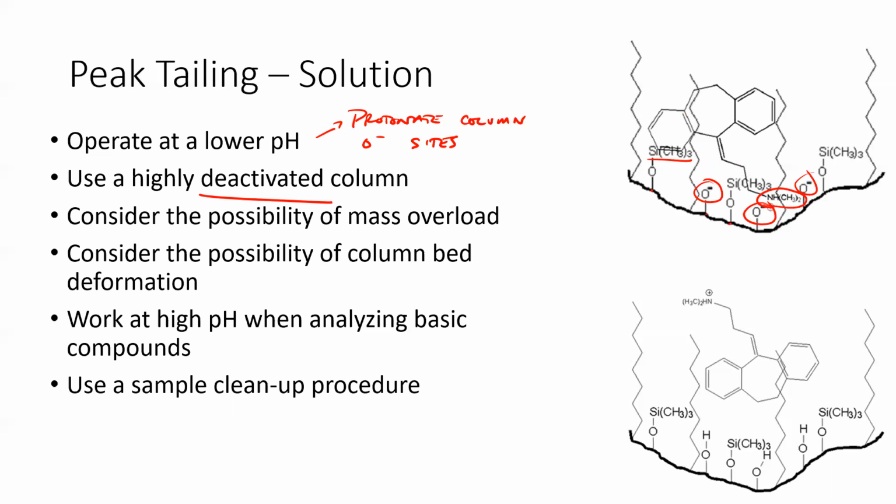And so going from here to here, obviously we have lowered the pH. This is that first one, because we protonated those oxygens. But if we had a highly deactivated column, all of these OHs would be these silicon tetramethyl silicons.